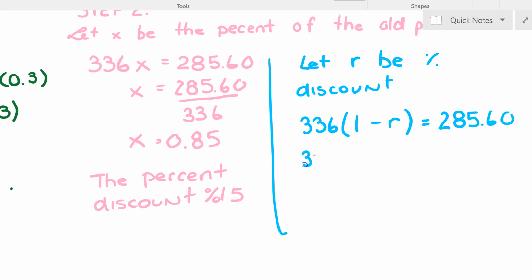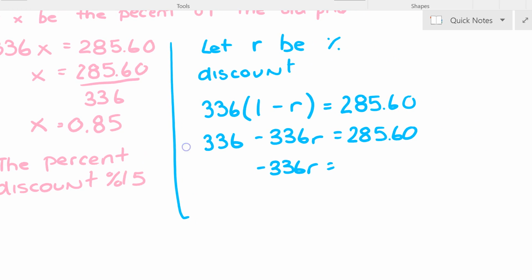So we first expand the brackets: 336 minus 336r equals 285.60. Subtracting 336 from both sides, I should get a negative, because I have to divide by negative 336, and r must be positive.